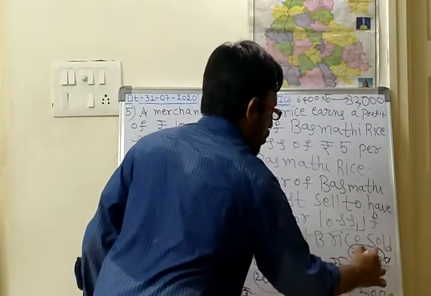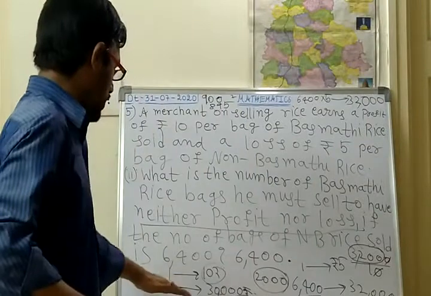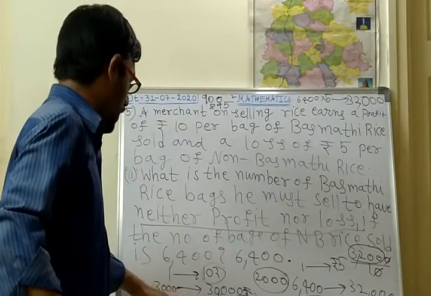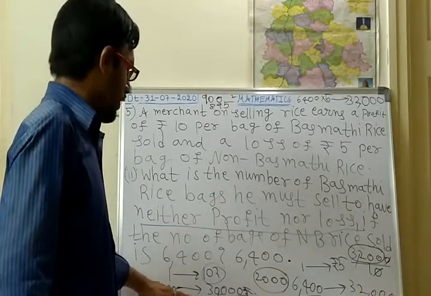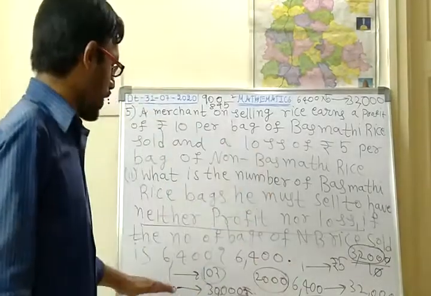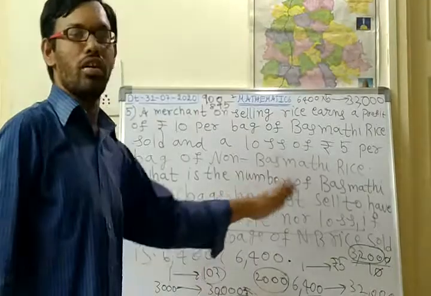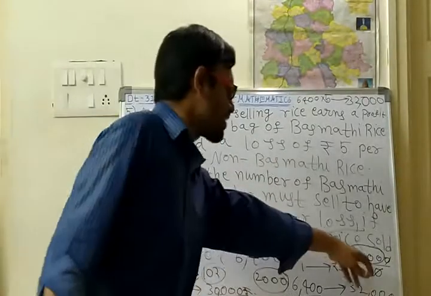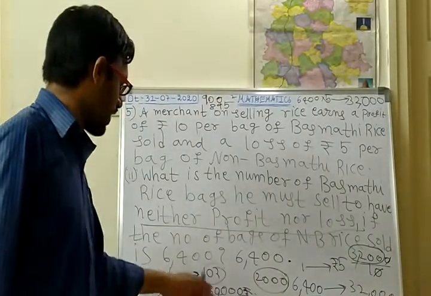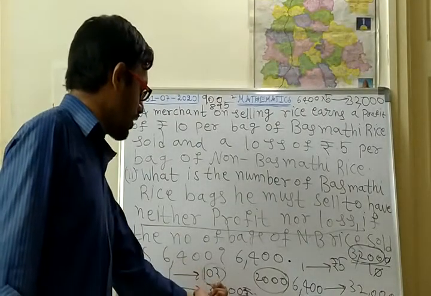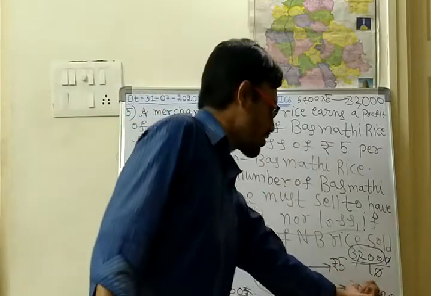That means if he sells 3,200 bags of basmati rice, he will get neither profit nor loss, because 3,200 into 10 is 32,000. Here also 32,000 only.